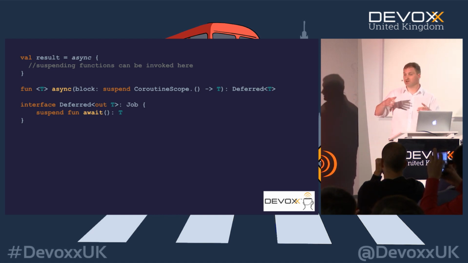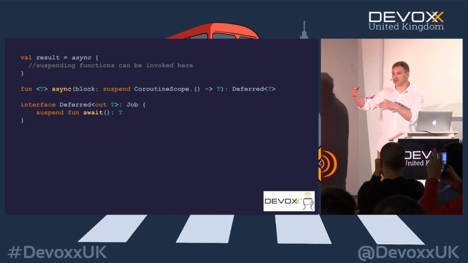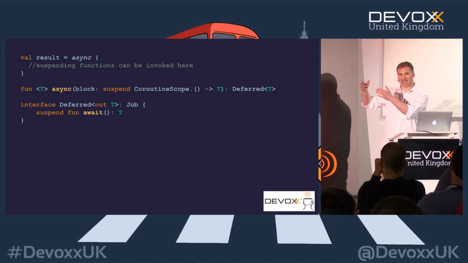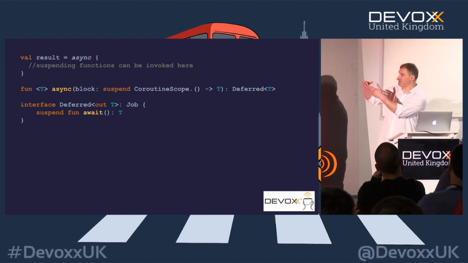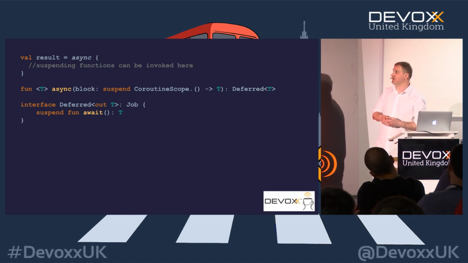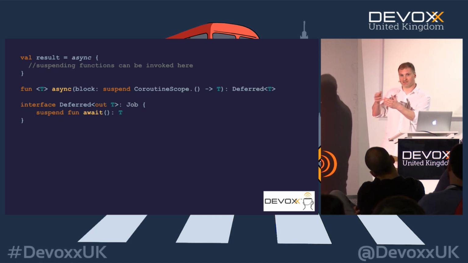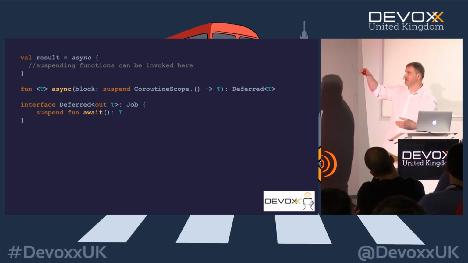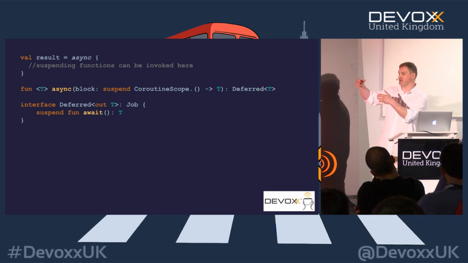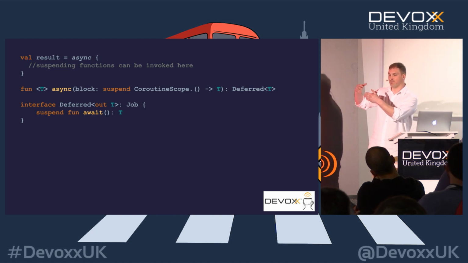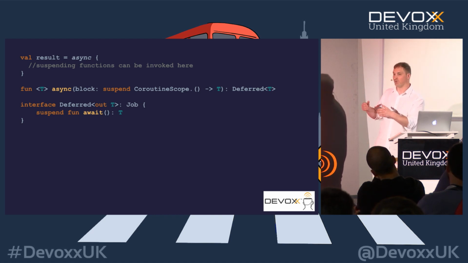So essentially what we do is we call async. Async starts executing the coroutine, the code inside the lambda. Then we call await on the result of async to get the result. And since async starts executing the coroutine in a background thread, we can call several async functions and then only call await to gather the results.